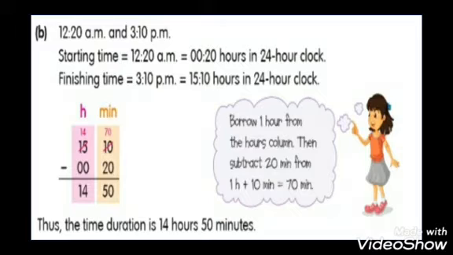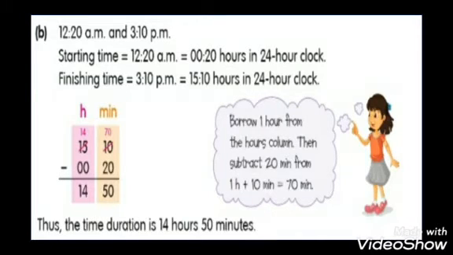Then again, if the time is given in AM and PM, there is a difference of AM and PM, so we convert the time into 24-hour clock. If one of the times given is PM, we convert it into 24-hour clock, and then we do the subtraction.